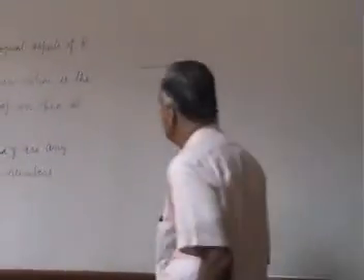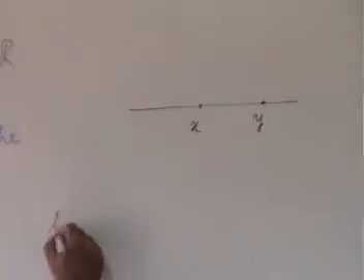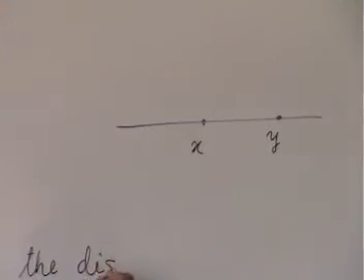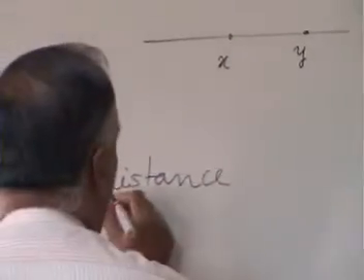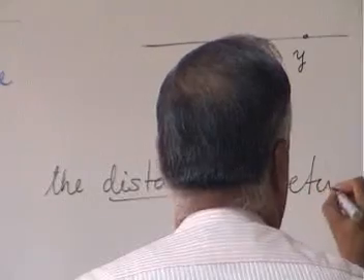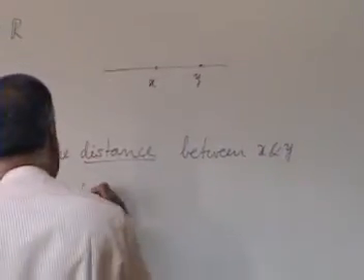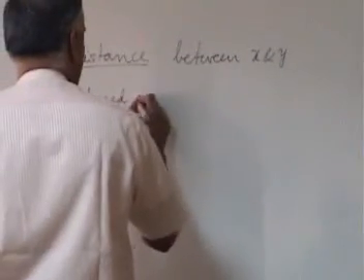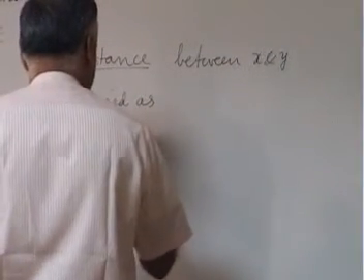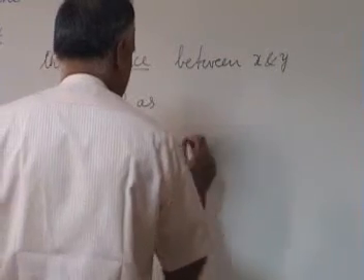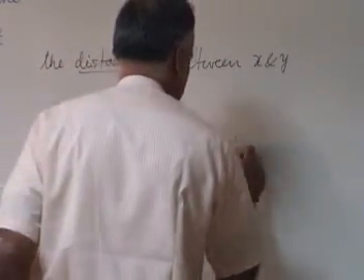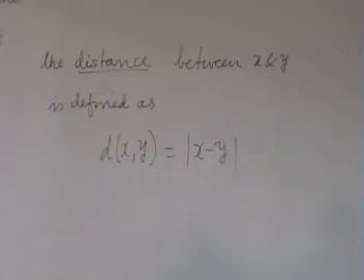So the distance between x and y is defined as, I'll use this notation, d(x,y), the absolute value of x minus y. Take the difference, take only the absolute value, and with that we call it the distance between two real numbers.